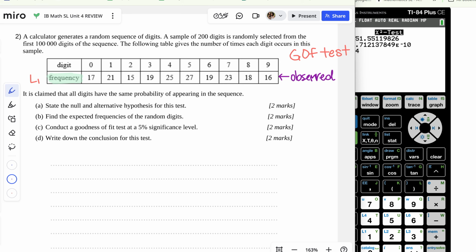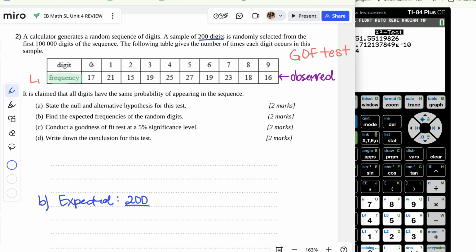In order to do that, we are trying to say that it's going to have the same likelihood, the same probability of landing on any digit. So we have a total of 200 digits, and for our expected, I'm going to put it down here for the B part, we take that 200 and divide it by how many digits it could land on.